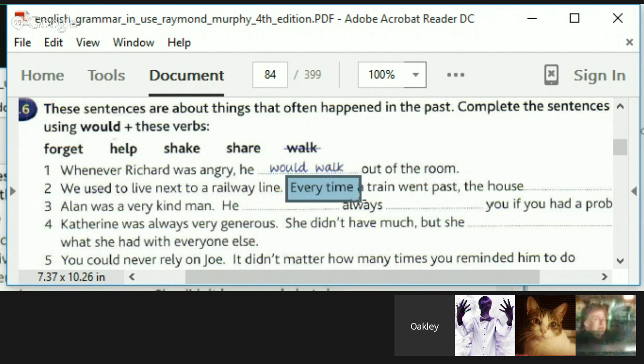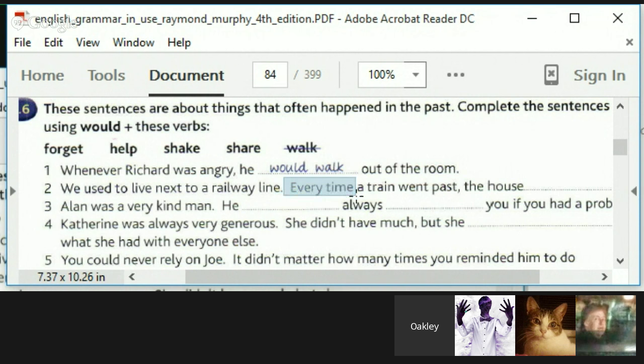You're using a time phrase to indicate that this happened over and over again. So actually, your answer is quite normal. It's not necessary to use used to or would because you're saying every time. So your answer is perfectly correct.